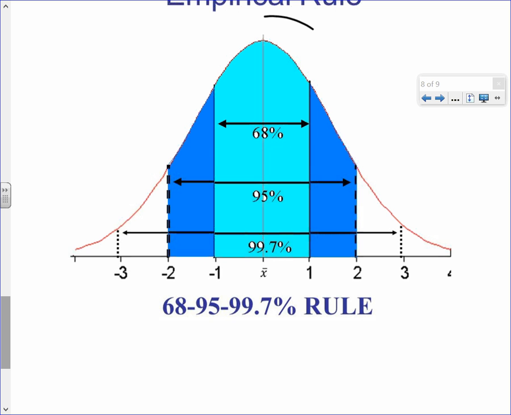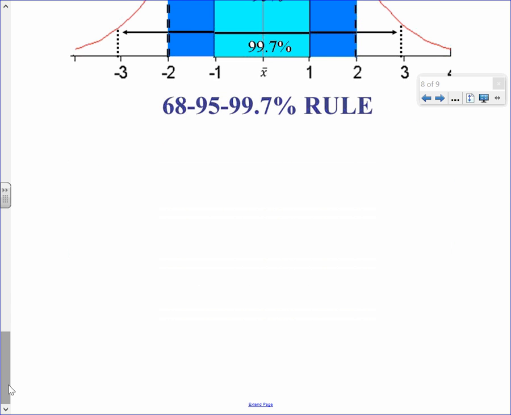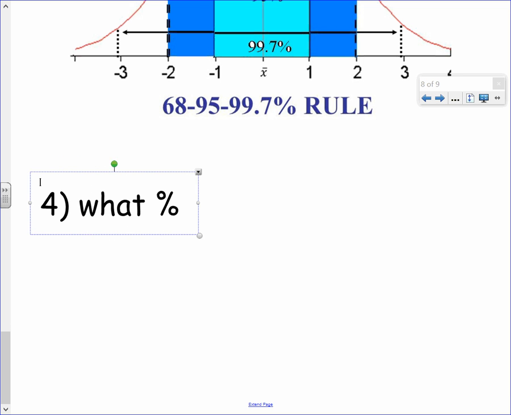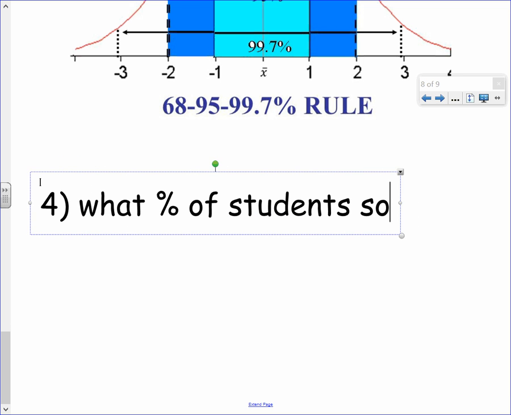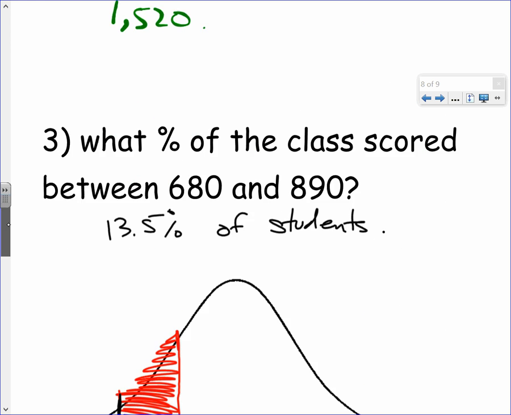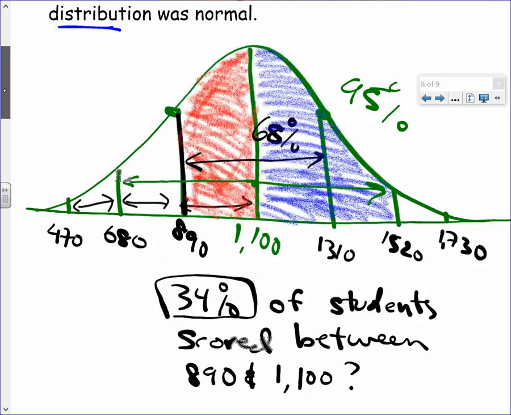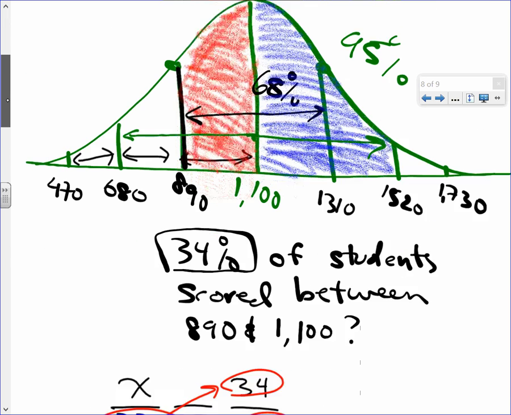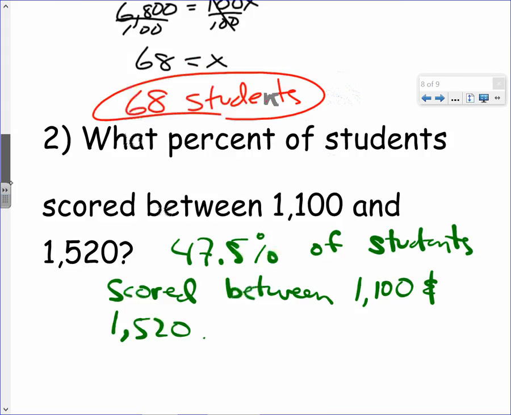Erase this. So question 4, last one of the day. What percent of students scored between 1520 and 1730?